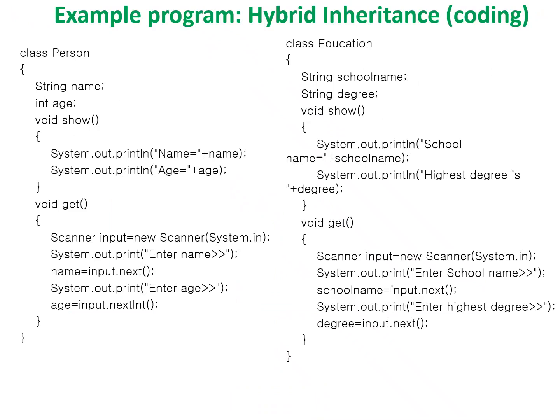For example, a program of hybrid inheritance. The class Person is a base class. The class Education contains school name and degree, and contains the methods show and get. Person contains the variables name and age, and the methods show and get.